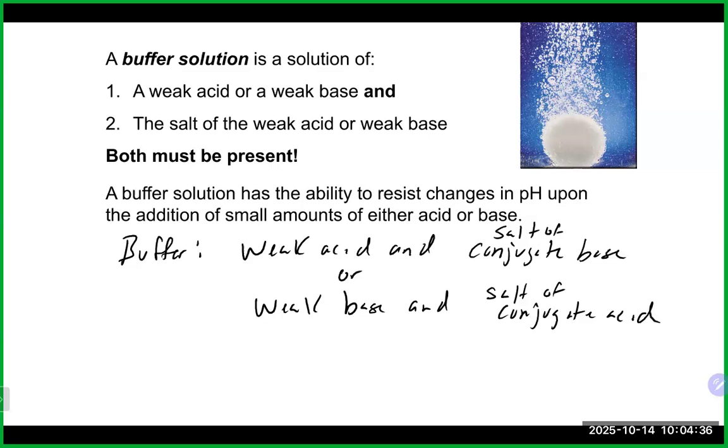And both of those things need to be in the solution to begin with in order for a buffer to work correctly. You cannot have a buffer that is made out of a strong acid or a strong base.